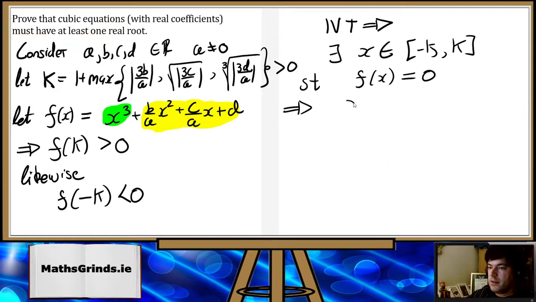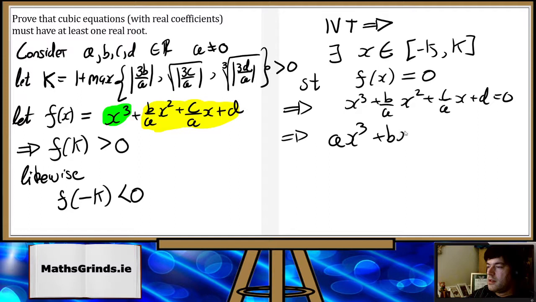That would mean then that x cubed plus b over a x squared plus c over a x plus d could equal 0. So that would mean then that ax cubed plus bx squared plus cx plus d could equal 0, i.e. there exists one real root.